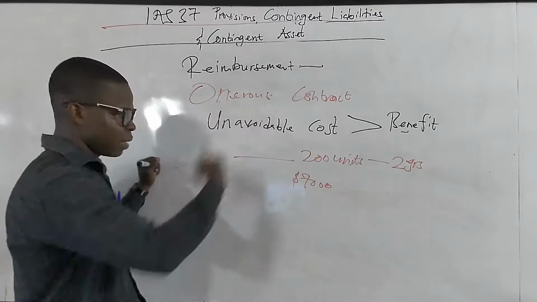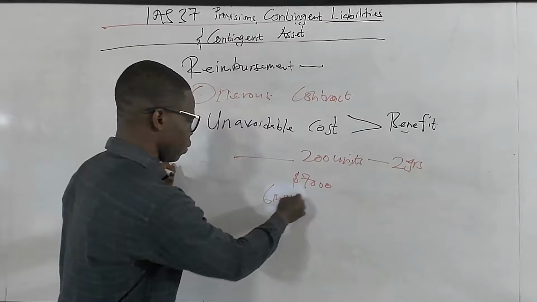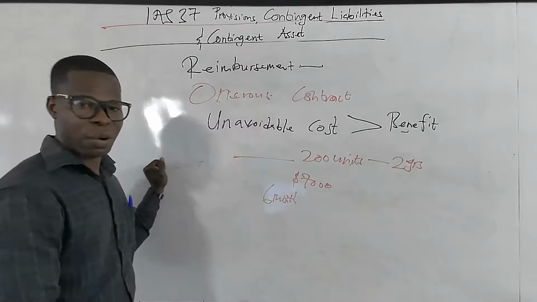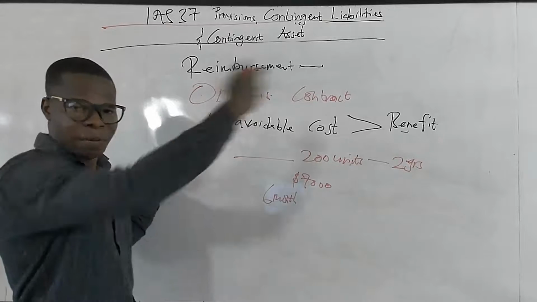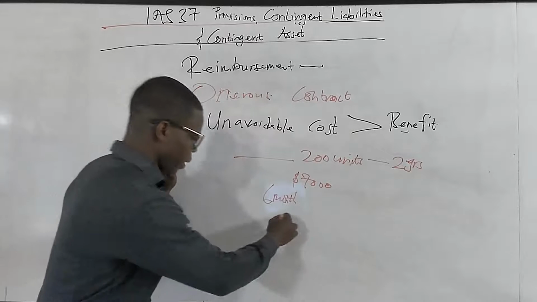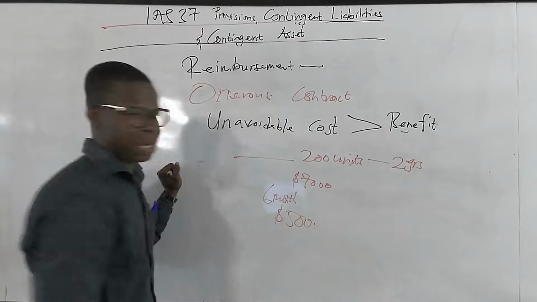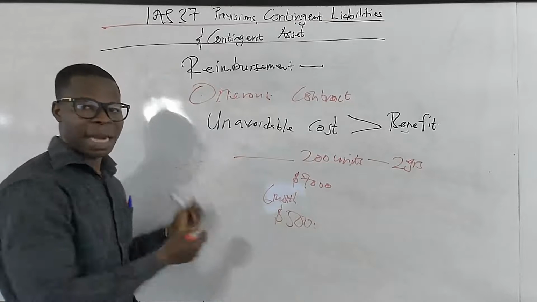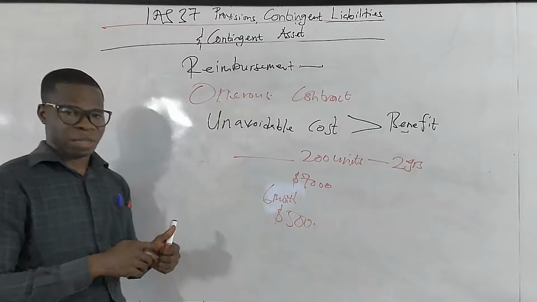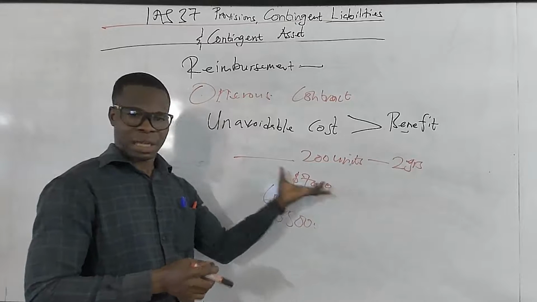But just after six months, we want to terminate the contract because we realize that from 6 months going, the units are just being sold for $500. This has created an issue of onerous contract, because the exact amount, which is 7,000, has reduced to 5,000.